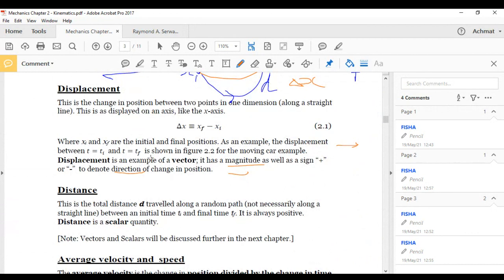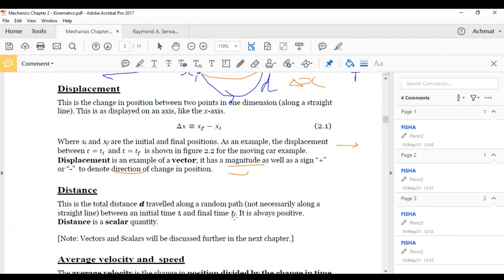And they say that distance is a scalar quantity. In other words, it will always be a positive value. Negatives don't come in when we are talking about distance; there are only positives. Like time, for example. Time is a scalar quantity; you just add to time. You can't go back in time.